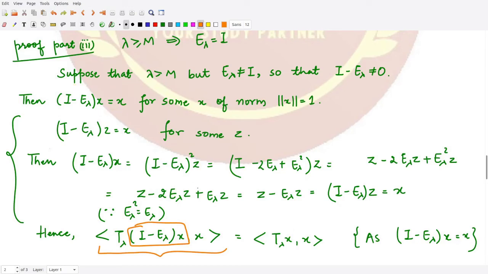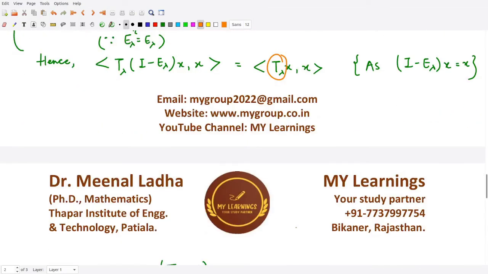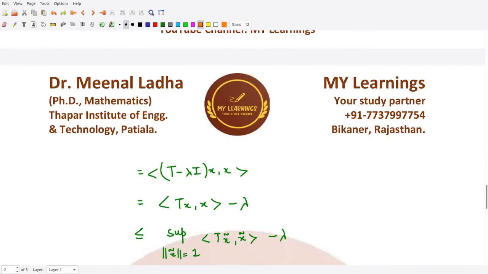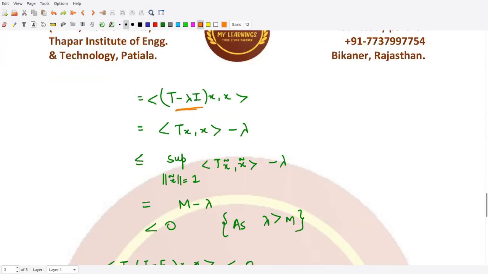So let's substitute the value here, and then we can open up this T_lambda. T_lambda is equal to T minus lambda I. Then we can use the properties of the inner product and open up the terms. Now this term would obviously be smaller than the largest term, which is nothing but the supremum taken over all such inner products such that the norm of x is equal to 1.